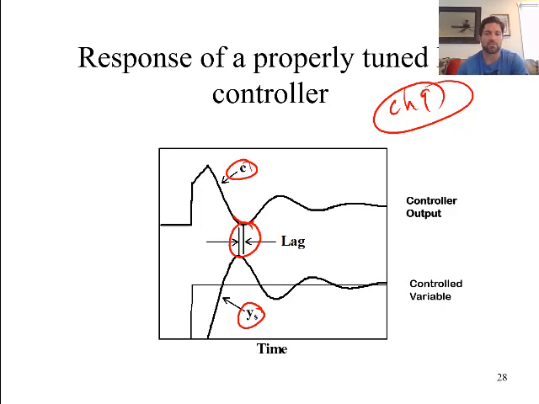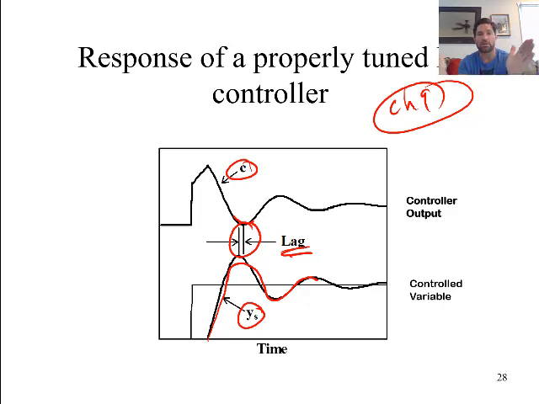So with a properly tuned controller, if you plot the sense variable, so here's the data for the sense variable, versus how the controller is changing as a function of time over the same interval, you can collect this data and make a note of what this lag is. Okay, so you can determine from this if there's too much Kc or too little tau I, because again, if the lag is less, that means there's more proportional action than needed.